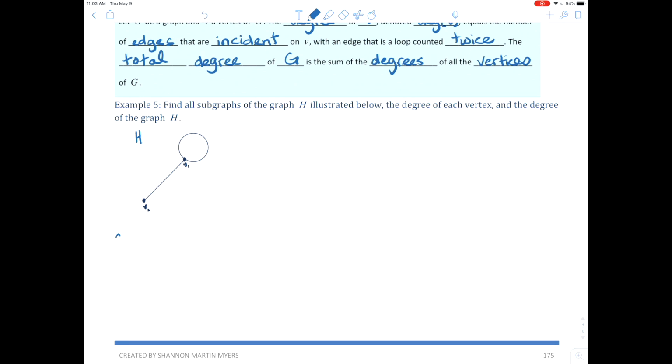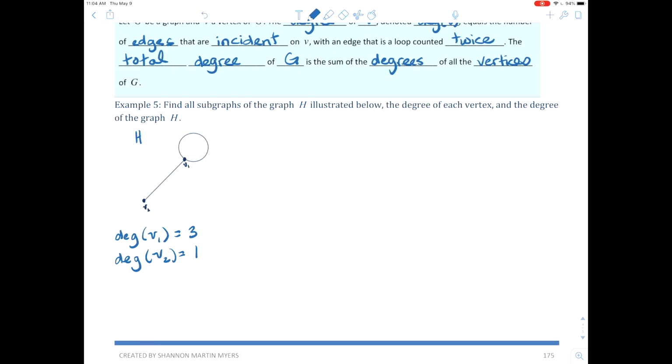And so what is the degree of V1? Good, you're gonna count the loop twice, and then you've also got an edge connecting V1 and V2, so it's got a degree of 3. And what about the degree of V2? Beautiful, it's just 1 because it just has one edge that's incident on it.